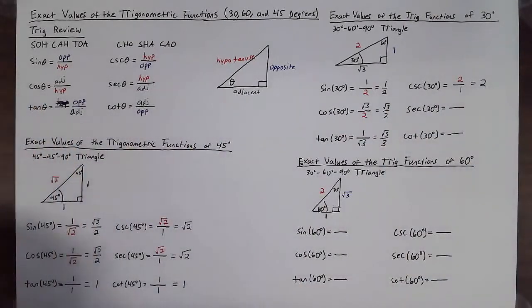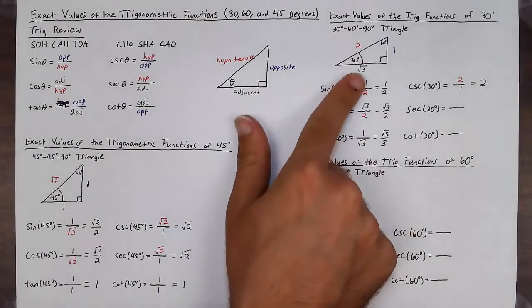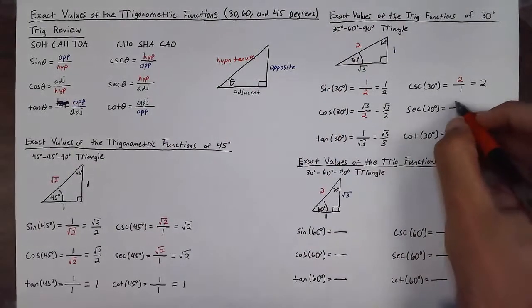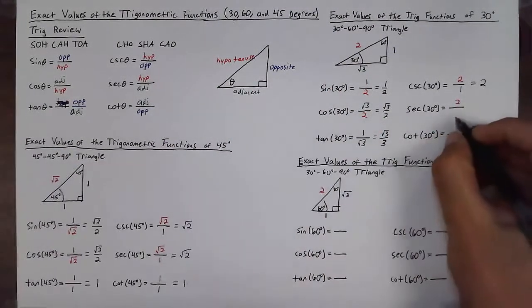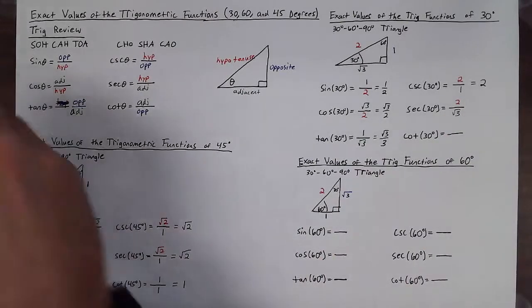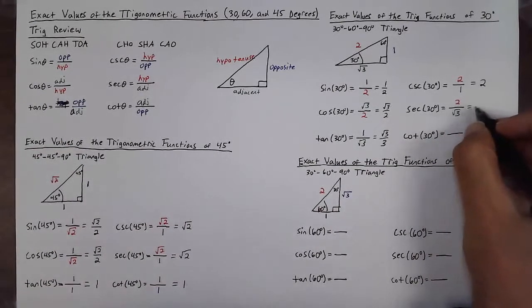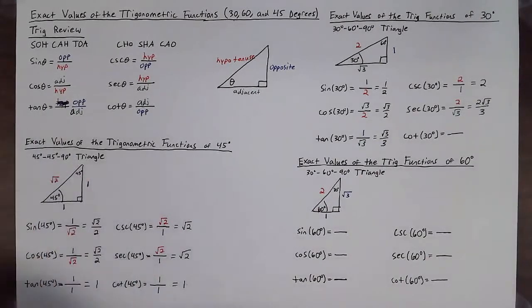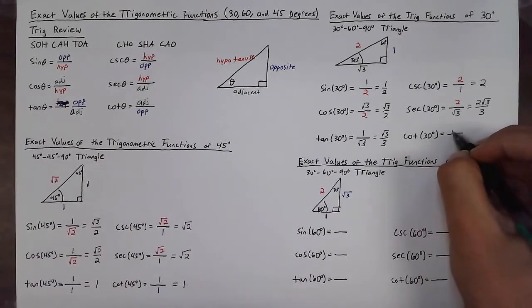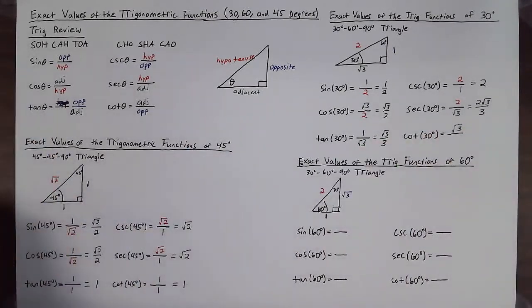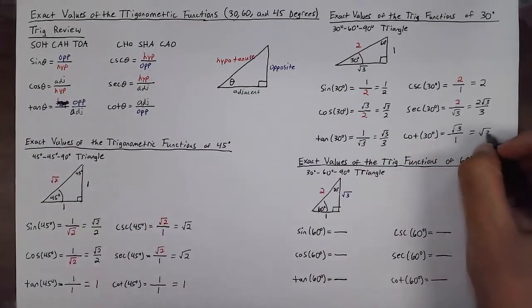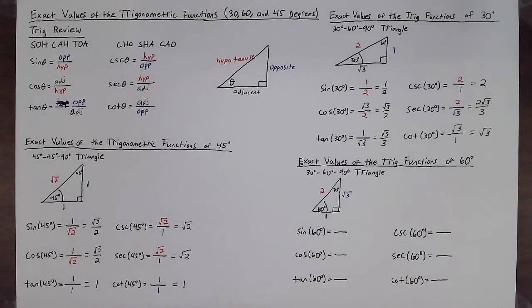Secant of 30 degrees is going to be hypotenuse over adjacent, so 2 over the square root of 3, which when rationalized by multiplying the top and the bottom by the square root of 3, gives me 2 square roots of 3 over 3. And then cotangent of 30 degrees will be adjacent over opposite, which gives me square root of 3 over 1, which simplifies to just the square root of 3. Again, very specific values for something we thought before to be this very randomly generated decimal.